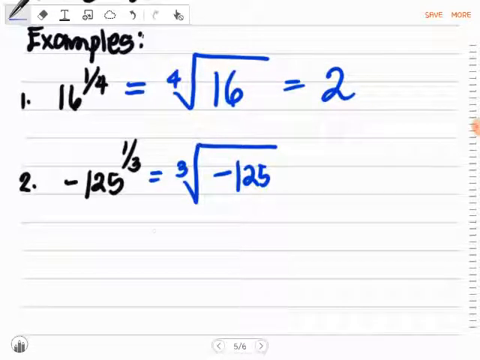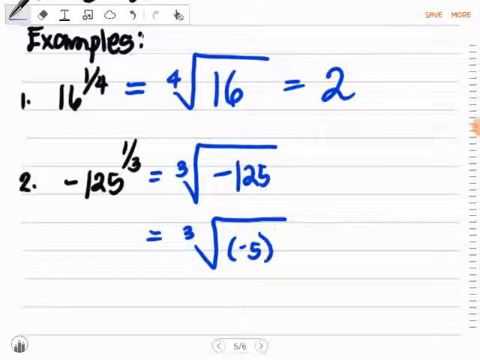So, paano yan? Gagawin mo, kunin mo yung factor ng negative 125, and that's negative 5, di ba? Cube. Tama? Kung gagawin kong fraction yan, that's negative 5, 3 over 3.